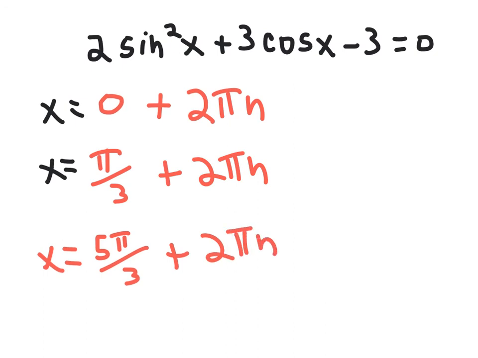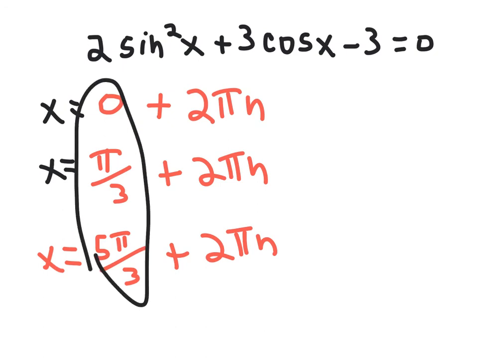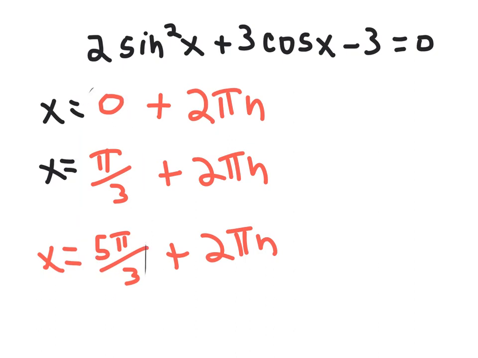So one more time, if you're looking for just the solutions between 0 and 2 pi, we would simply look at our original answers that we found, which were these. But this one didn't give us an interval, so again, we have to add on the 2 pi n. So I'm going to take this back off, and these will be our answers.